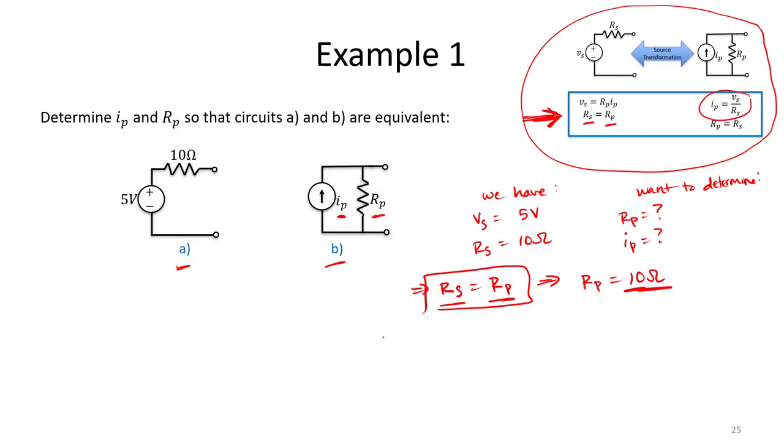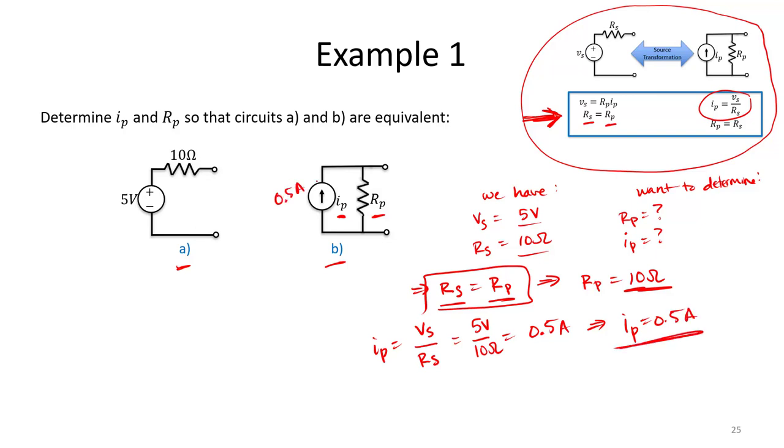Well, if we look in our equations, we see that our parallel current source is given by Vs divided by Rs. We know both of those. That's 5 volts divided by 10 ohms, so that gives us 0.5 amps. So therefore, we determine current source 0.5 amps, and our resistance is 10 ohms.